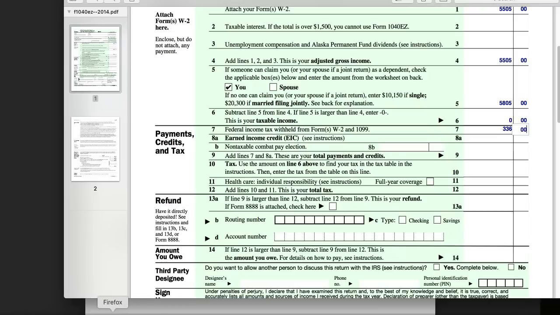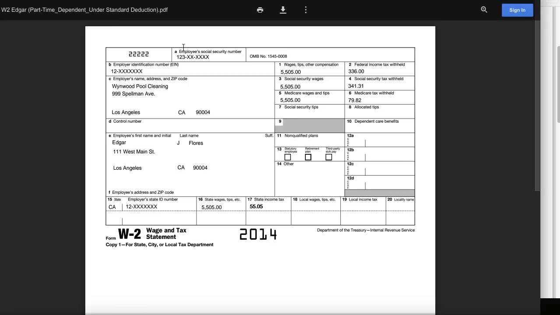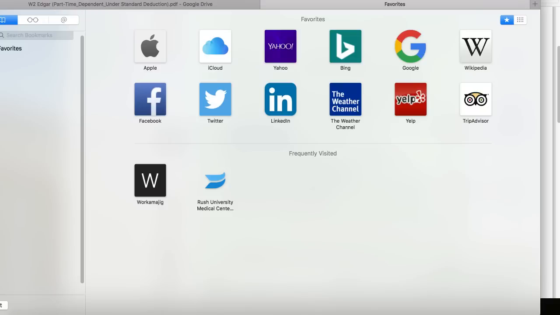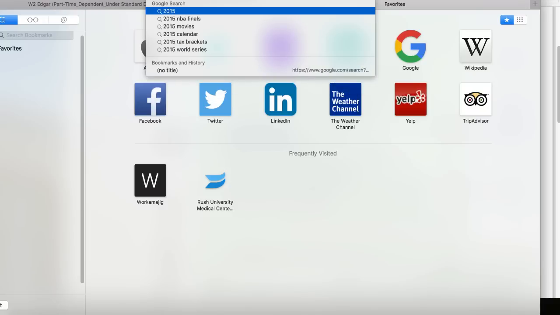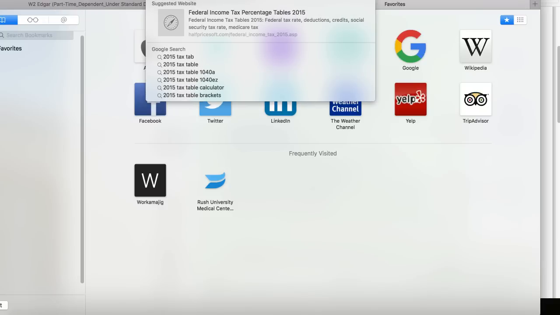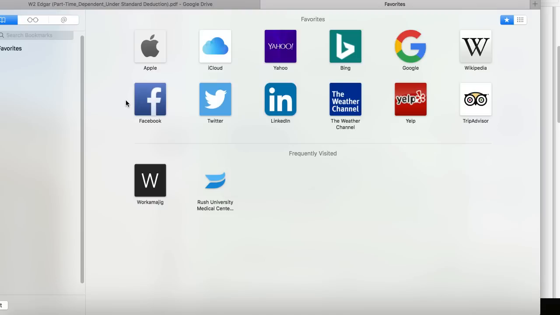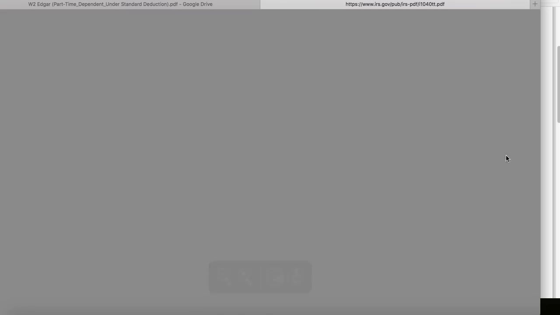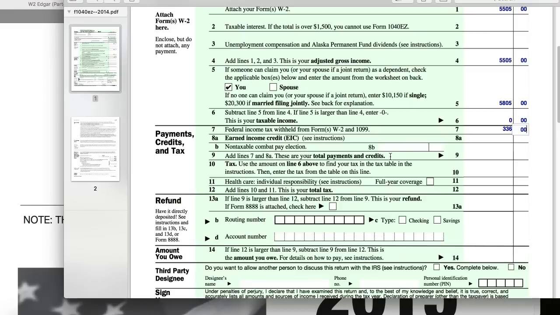Now, the one thing that is extremely important for you to recognize, and I'm going to go ahead and open up another tab because I need to get the tax tables, which will be available for you, so don't worry. But what's important to note is that essentially what this is saying is this is how much money is being taken out.